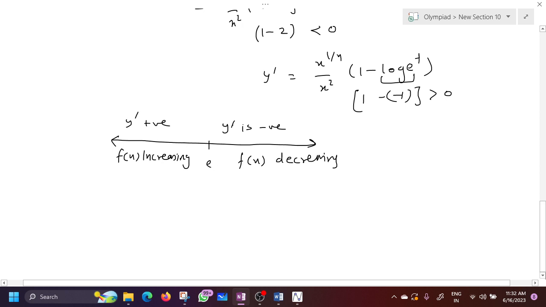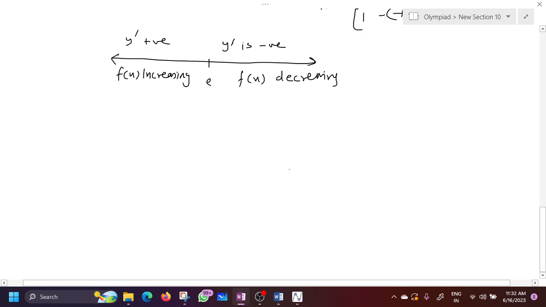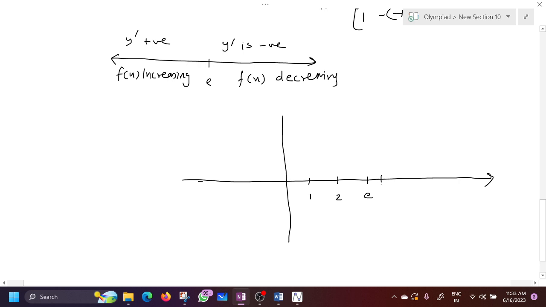Now let's draw the graph of this function. Somewhere here it will be e, this is 1, this is 2, and this is 2.71 something, which is e, and this is 3, and so on.